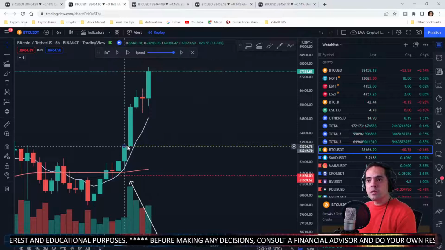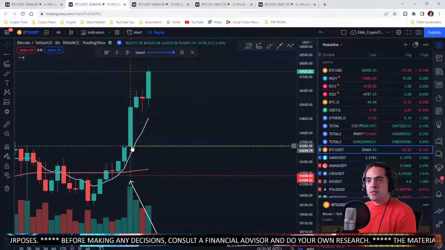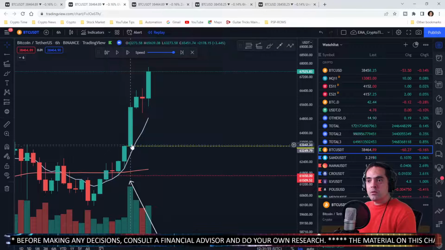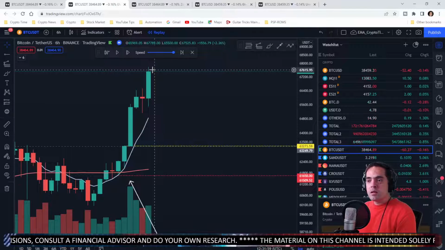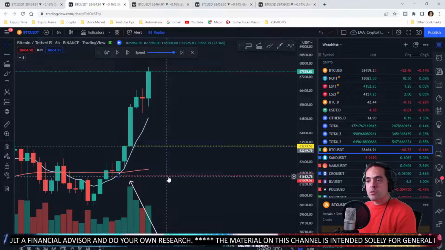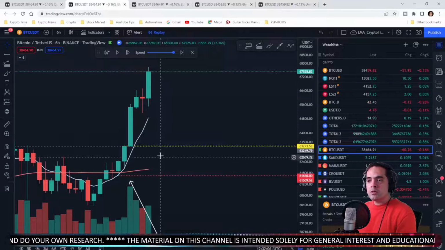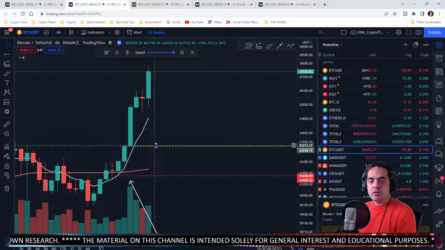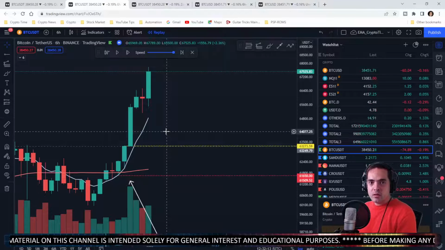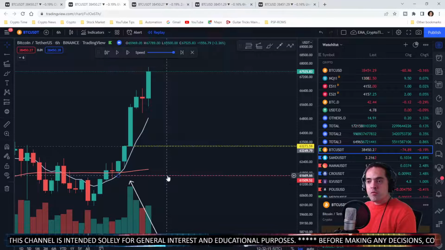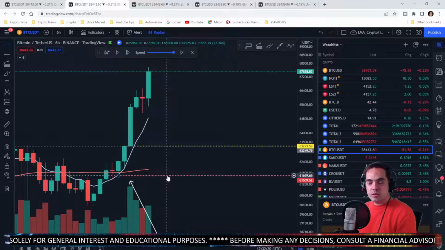So if you bought, or if you opened your position, or if you bought some BTC right here, and then you have seen all these happening, some people would move their stop loss to their opening position. So that's our tip, guys. Don't do that. Okay, don't move your stop loss to the point where you open your position.